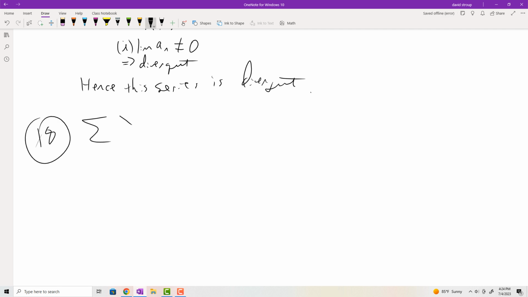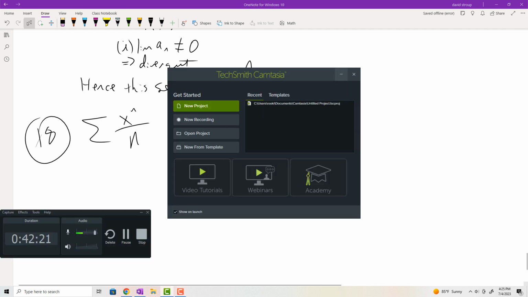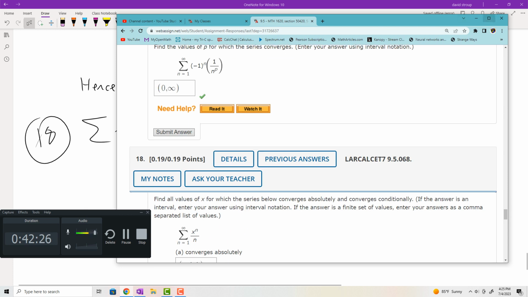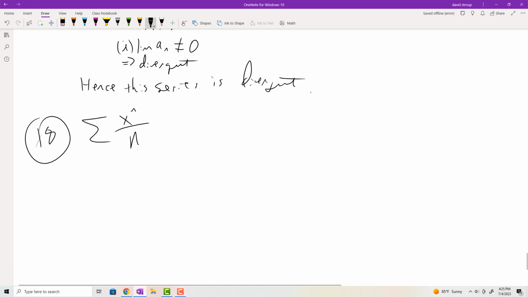You have the series x to the n all over n, and you're looking for where it is absolutely convergent, and then where it is conditionally convergent. Okay. So again, what you're going to do is split it so that you can attack the problem via the intervals.